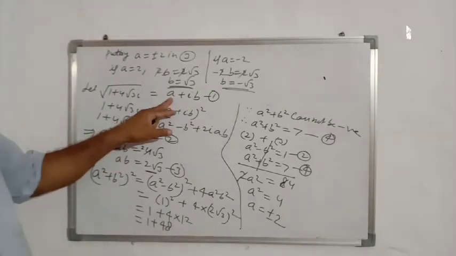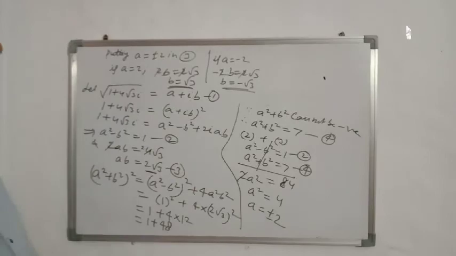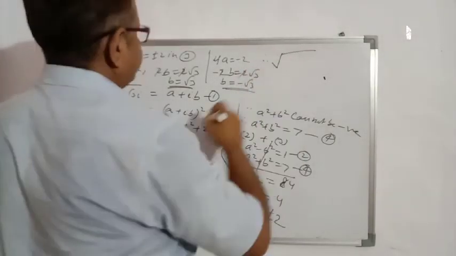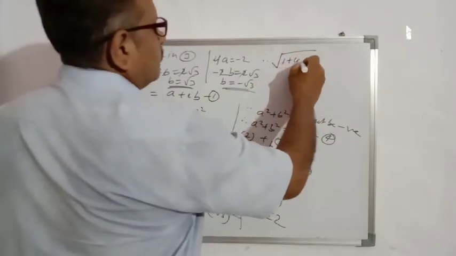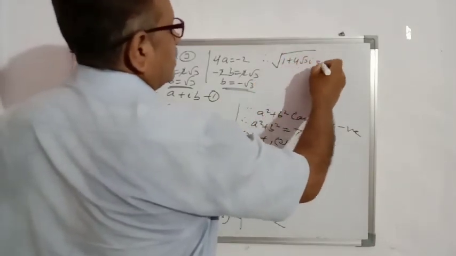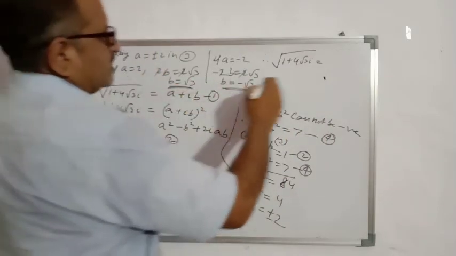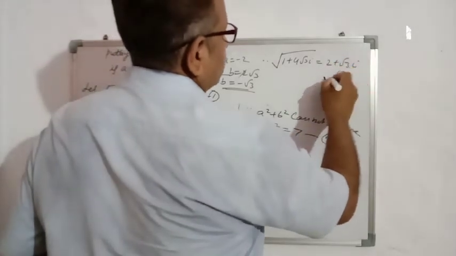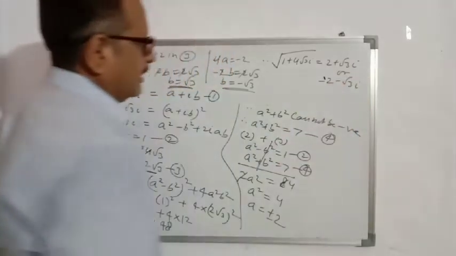Now we will put the values of a and b to find the square root of 1 plus 4 root 3 i. It will be 2 plus root 3 i, or minus 2 minus root 3 i.